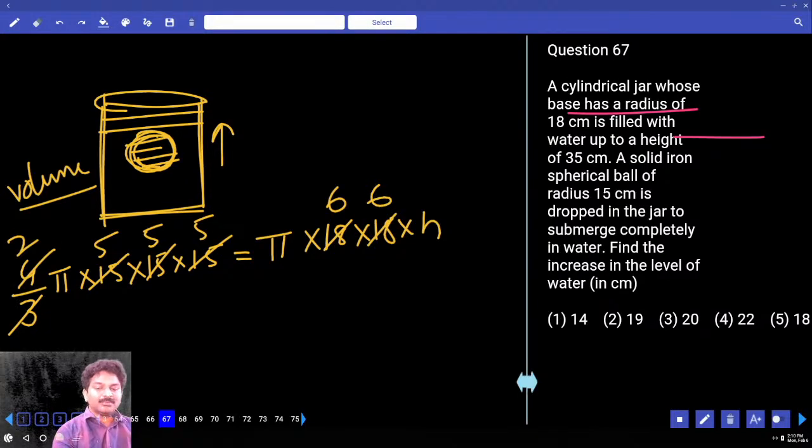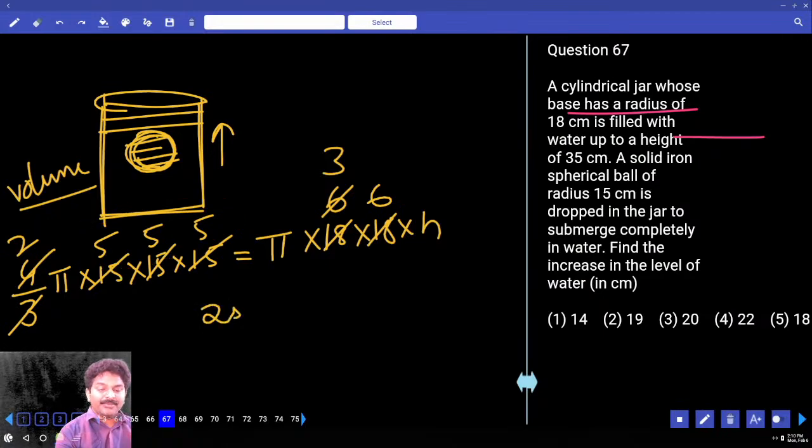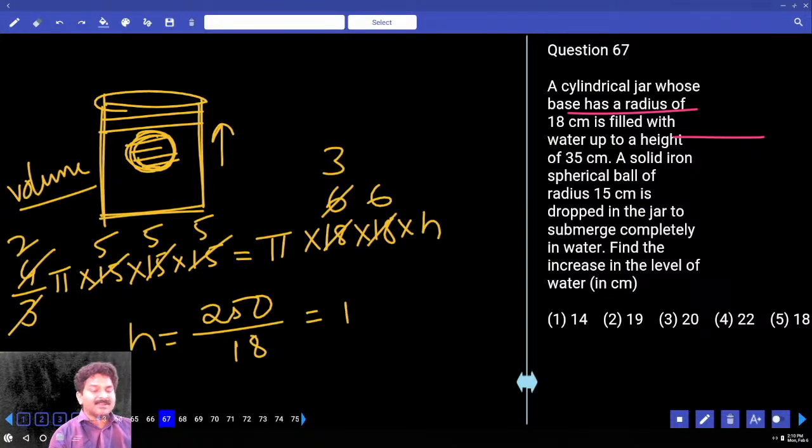Cancellation with 2, it is 3 times. 5 cube, 125, 2 times, 250 divided by 18. That is equal to height. 18 ones, 70 we have. 18 approximately 4 times. So answer is approximately 14. You will get 13.8 something.